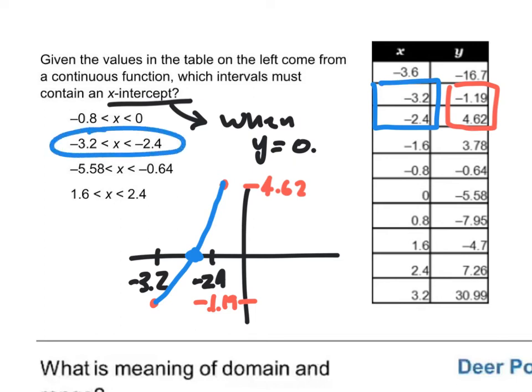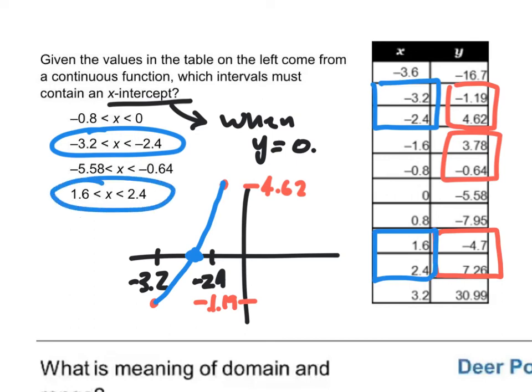And then you could have one here as well, between negative 1.6 and negative 0.8, although that's not one of our options here. The other one would be here, between negative 4.7 and positive 7.26, and that occurs between 1.6 and 2.4.